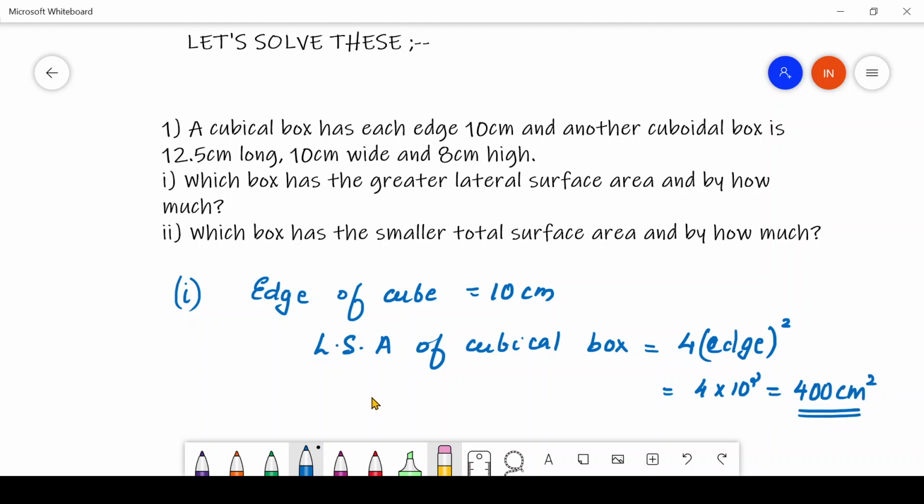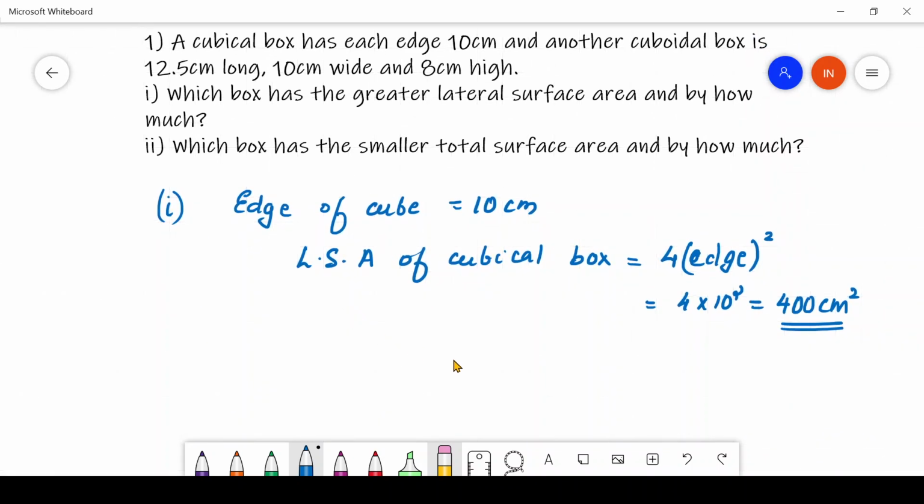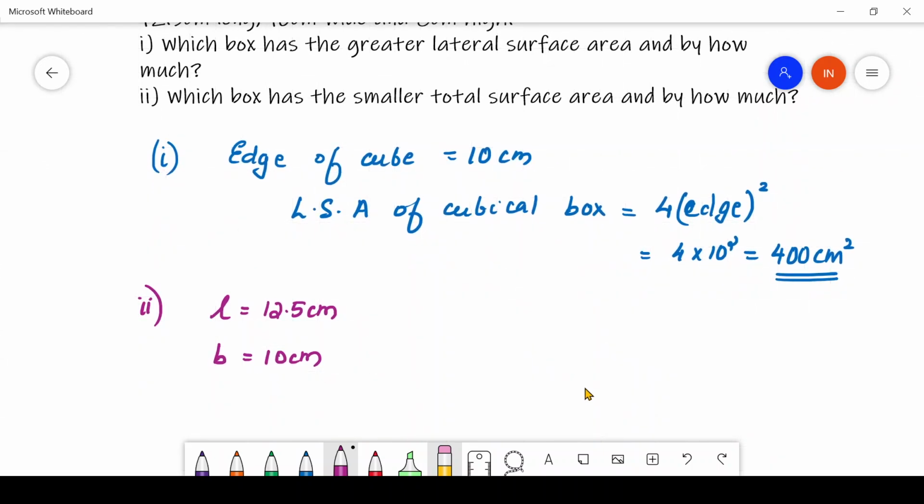Now let us move on to the cuboidal box. We have learned about the cuboid in the previous classes, so it will be very easy for you to find the lateral surface area of a cuboid. For the cuboidal box, length is 12.5 centimeters, breadth is 10 centimeters and height is 8 centimeters.